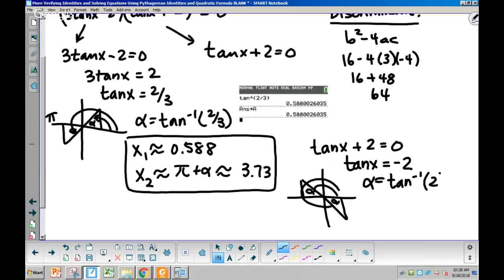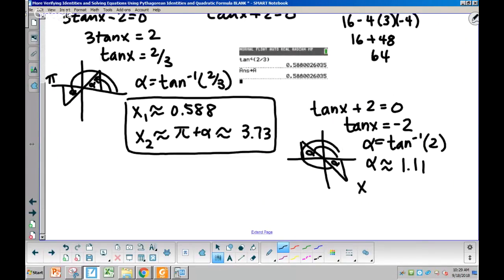Well, Robinson, I have to do it over positive. Yes, I know. I date myself every time I say it. Okay. Let's see, inverse tan of 2. 1.1. 1.11.